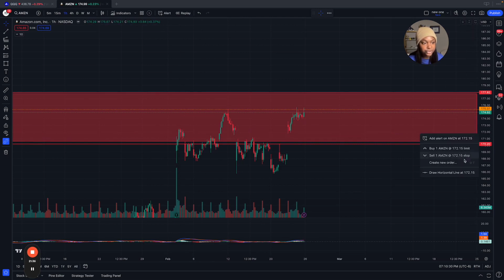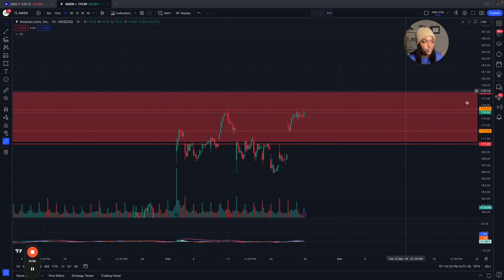Let me mark it off for you. So around like this 172.15, wouldn't be mad at price pulling back towards here and then catching a bounce to go back up there.